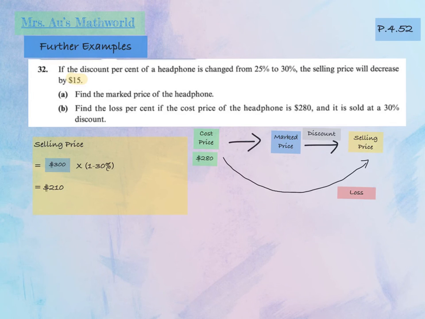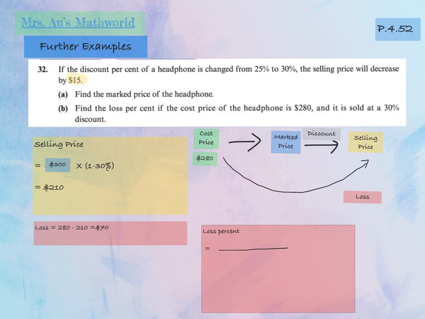Then we can find the loss percent, okay? So the loss is $70, right? You spent 280 at the beginning, then you got only 210. Then we can find the loss percent. For loss percent, you have to use loss divided by cost price times 100%.